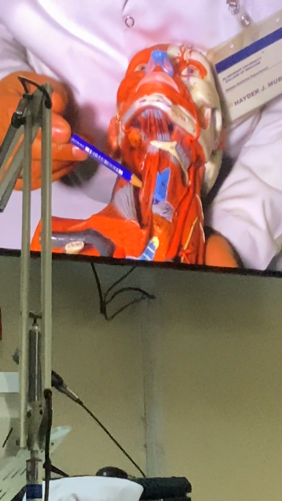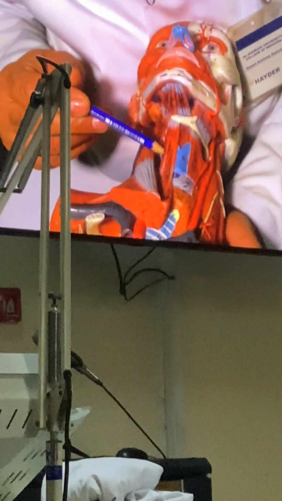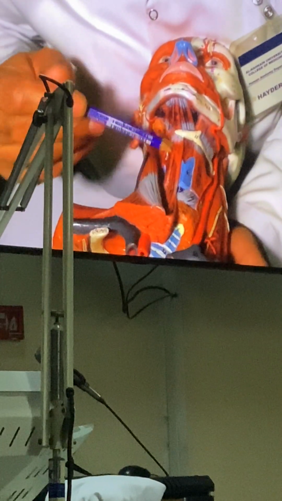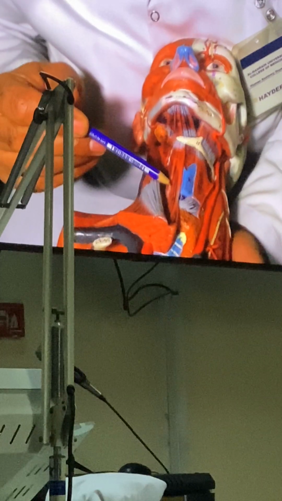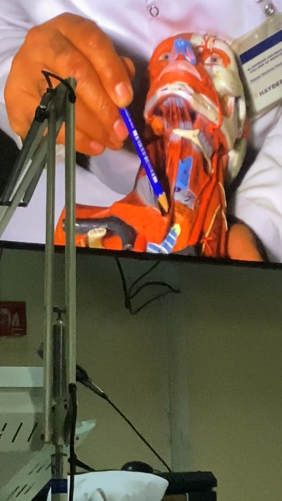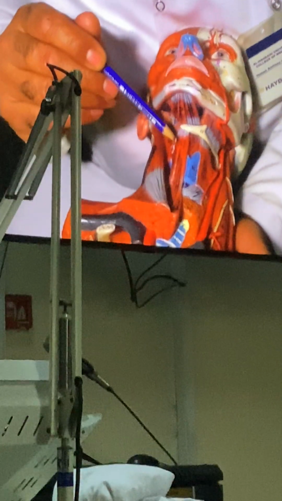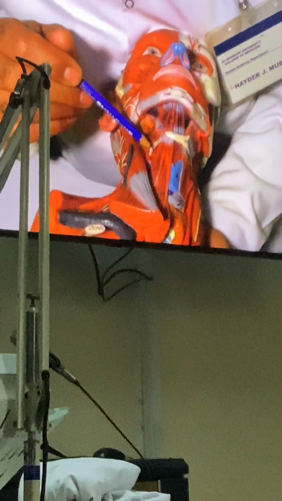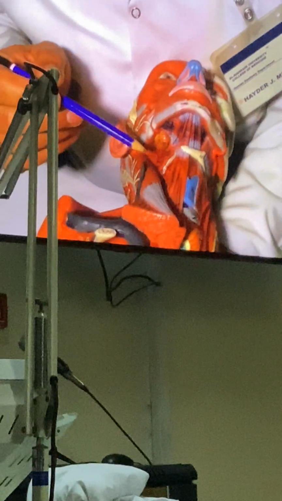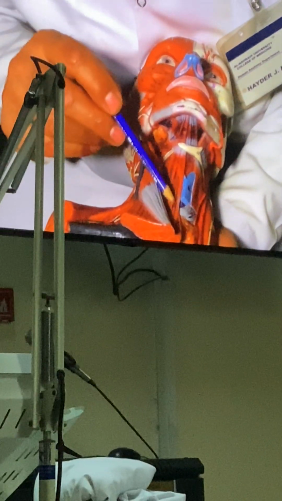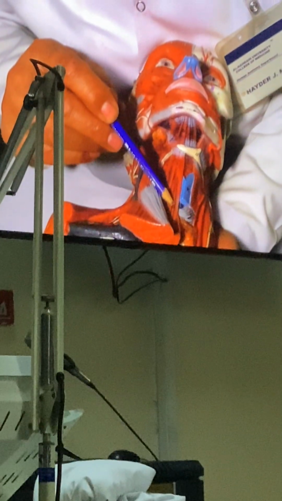While here between the omohyoid superior belly and the midline and the sternomastoid, this is the muscular triangle showing sternohyoid and part of sternothyroid. Deep to sternohyoid, if we remove it, you will find sternothyroid. So now we can see the carotid triangle and muscular triangle.